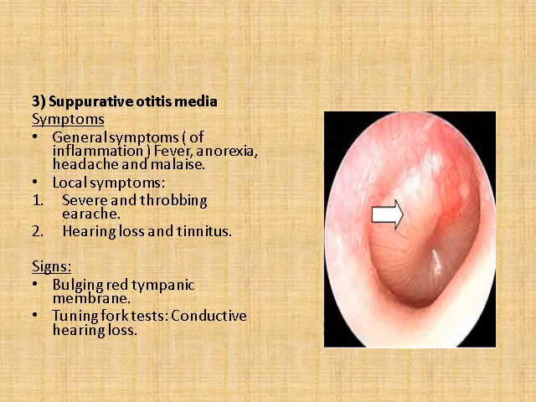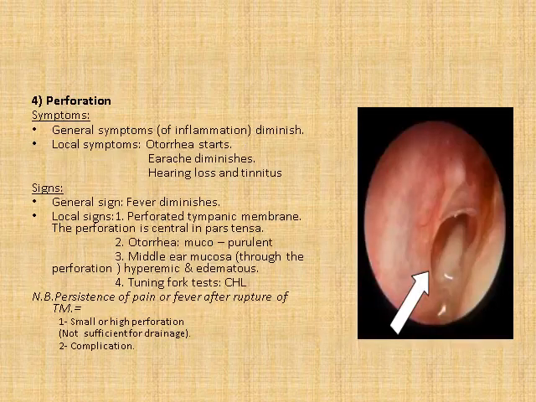If you examine this patient, what are you going to see? The tympanic membrane will be bulging and red, in addition to the conductive hearing loss if you do the tuning fork testing.